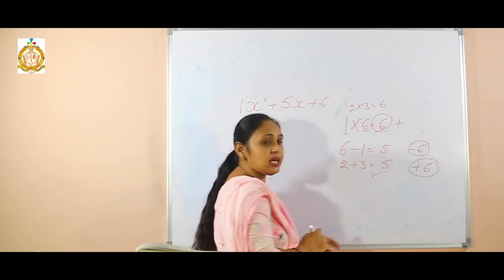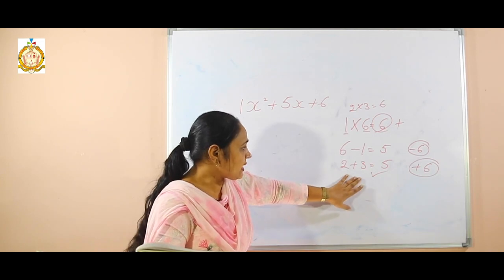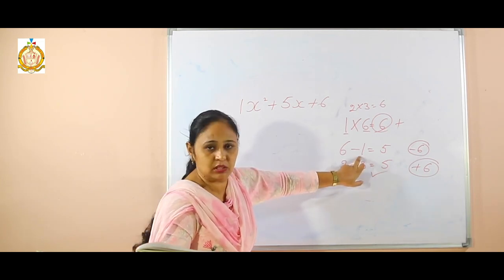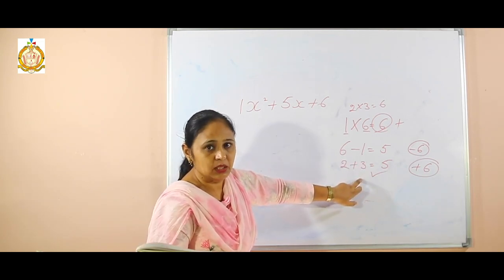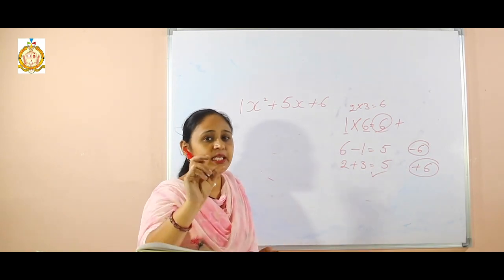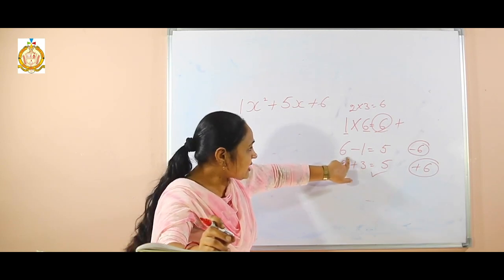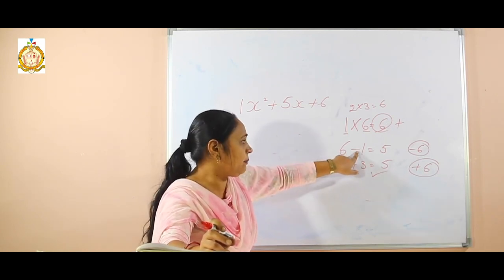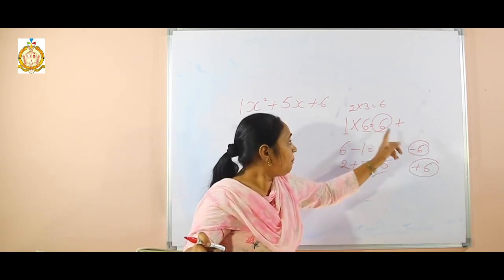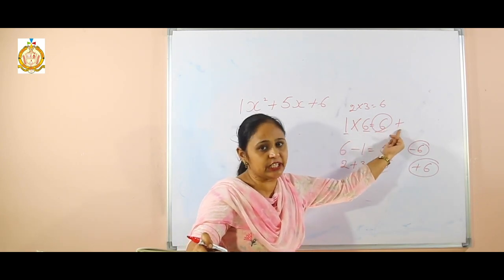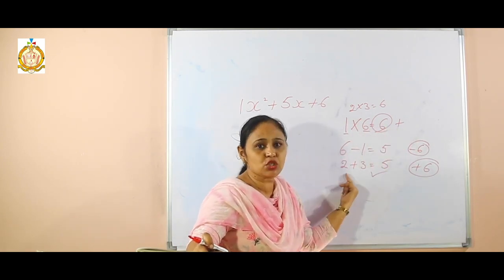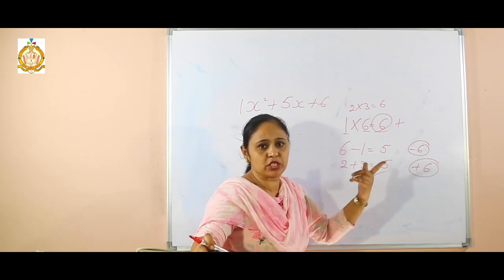That means this is the right factor. So that's why I will take this one, not that one. Clear? First multiply, and if the sign is the same, then we take those factors. 6 multiplied by minus 1 becomes minus 6, but in my expression there is a positive 6.